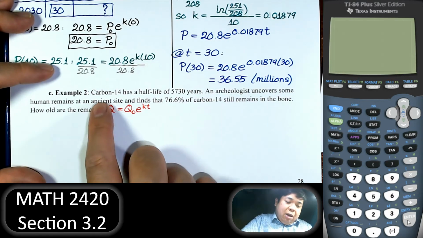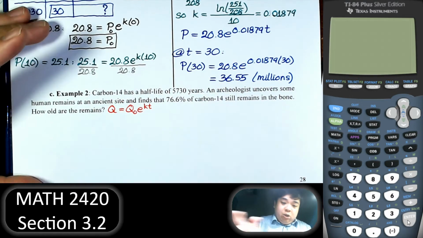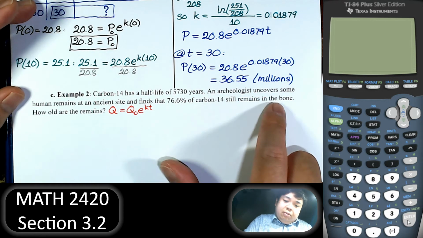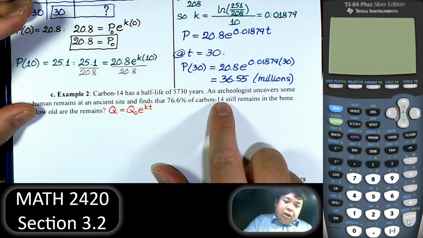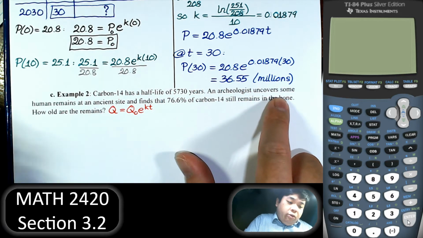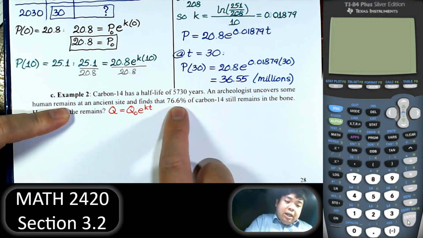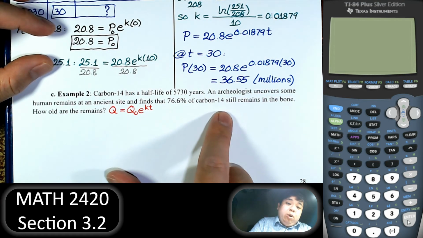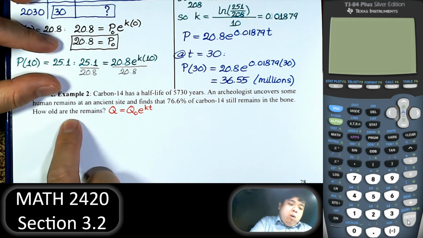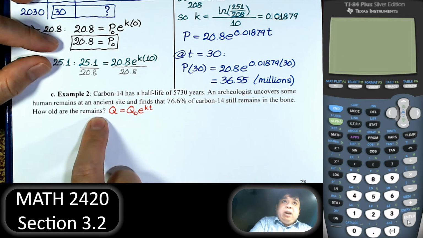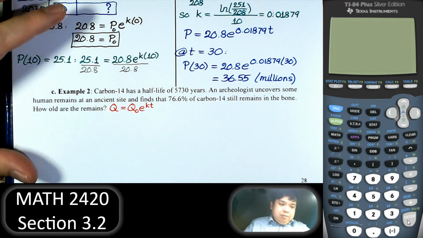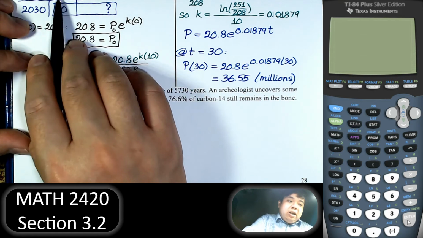Next, carbon-14 has a half-life of that, so that's what we have in the chart. Archaeologists uncover some human remains, and 76.6% carbon-14 remains in the bone. How old are those remains? Let me try to make a chart like this.